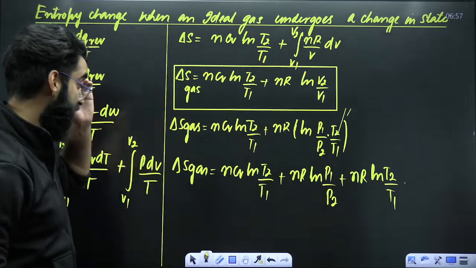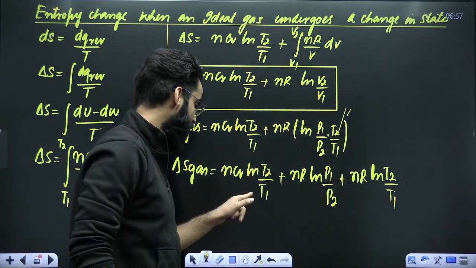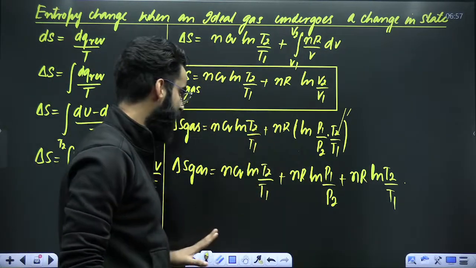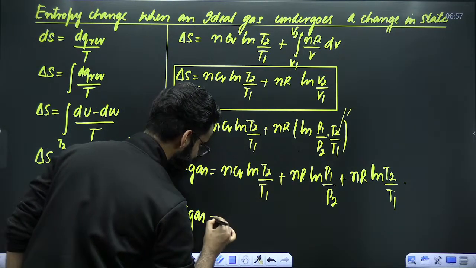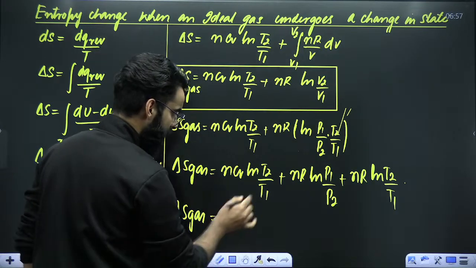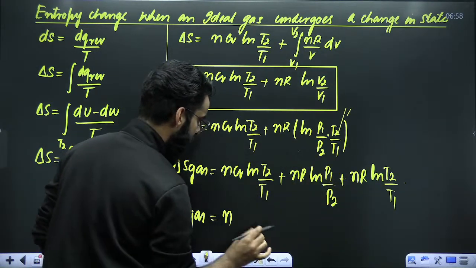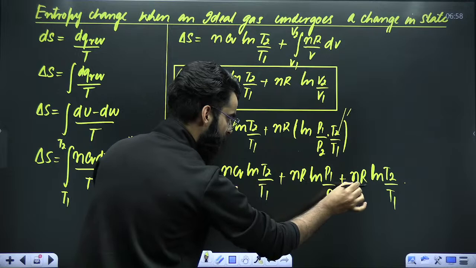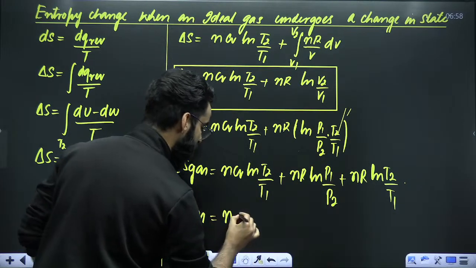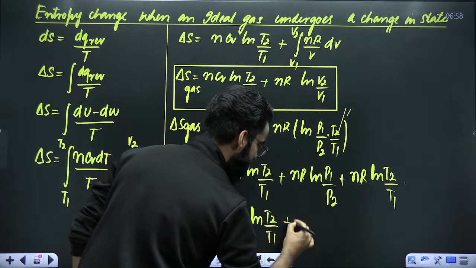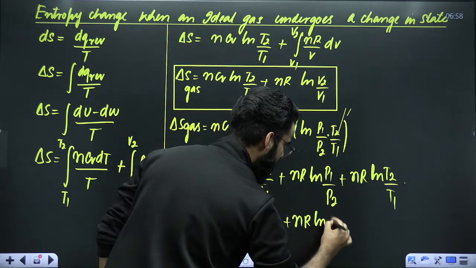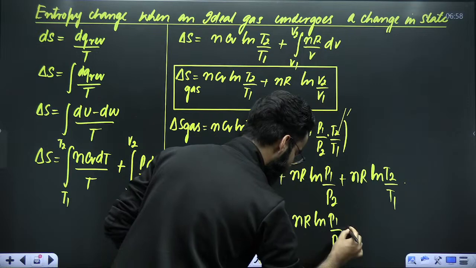Now, dear students, one more thing you can do: you can take n common, and ln of T2 by T1 common. Over here you have CV, over here you have R. So CV plus R comes out to be CP. So it's nCP ln of T2 divided by T1 plus nR ln of P1 divided by P2.